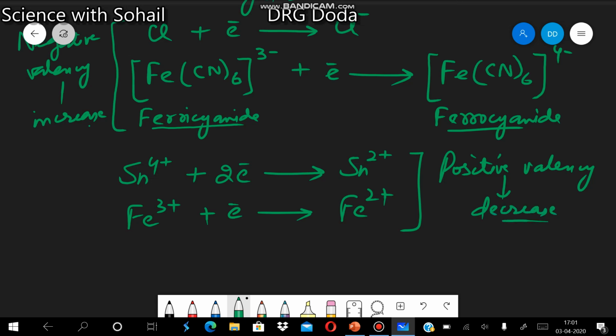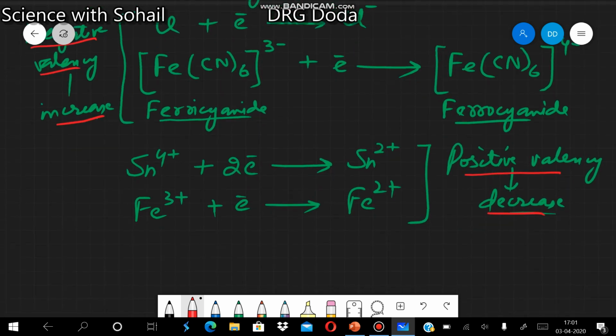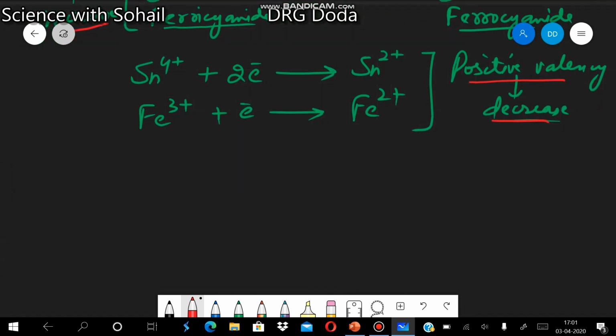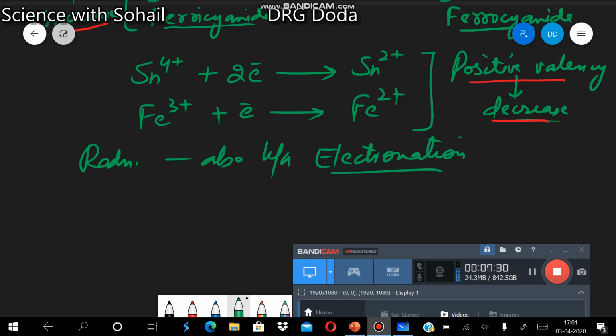So in case of reduction, the positive valency decreases, and on the other hand negative valency increases. And reduction is also known as electronation. Electronation means the gain of electrons.